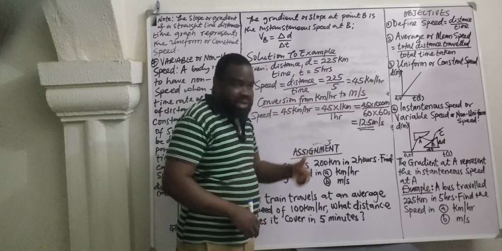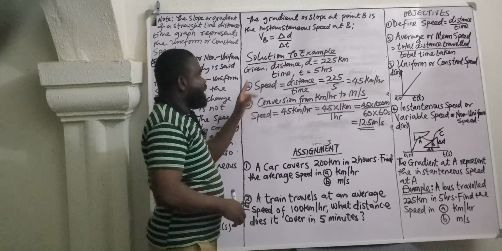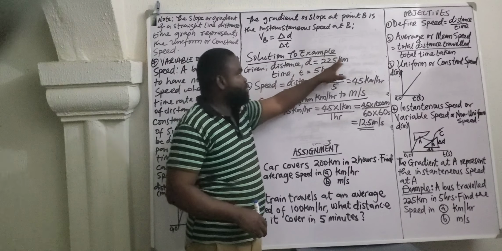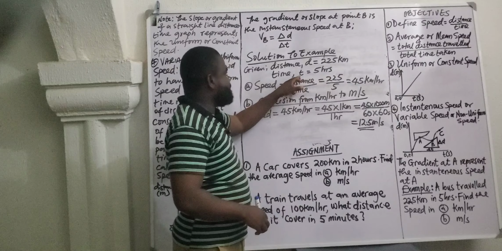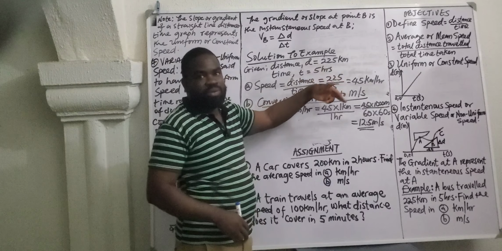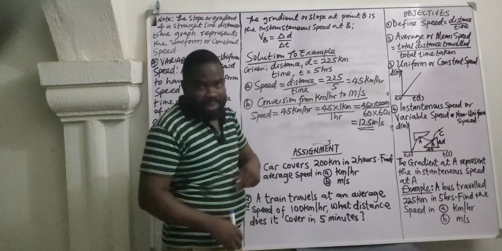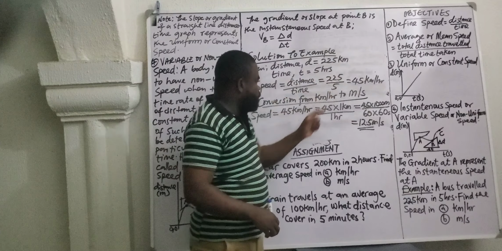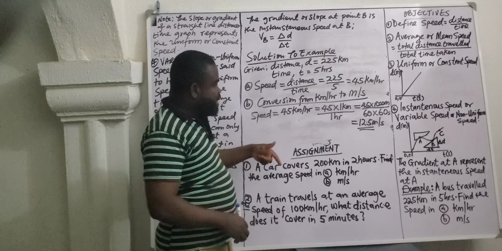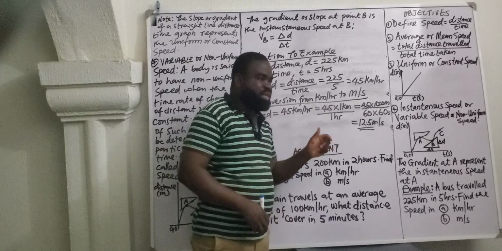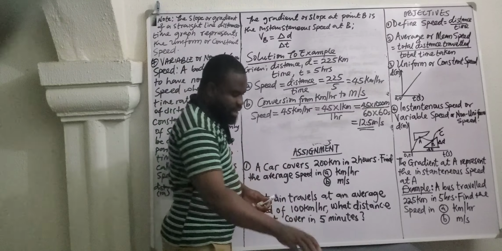Then another method I would have used here in this option B is I will have to first convert this distance to meter separately by multiplying by 1000 and then converting this time 5 hours to second by multiplying it by 60 times 60 before I will now apply that new converted value into the formula distance over time. By the time I do that, I will now have the speed directly in what? Meter per second.